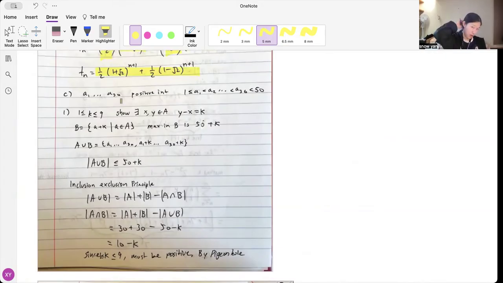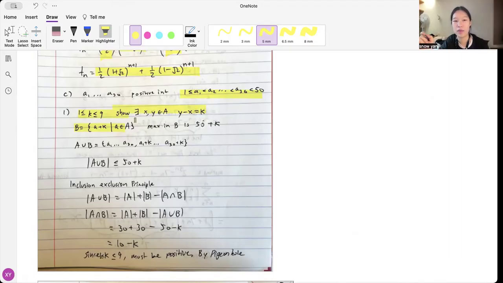So we have a1 to a30 positive, and these are distinct numbers, so there's no overlap. That's why we have our hypothesis, so that it doesn't repeat. So k is from this, so that there exists this. So what I do is I establish another set where I have all the numbers from inside the thing plus k.